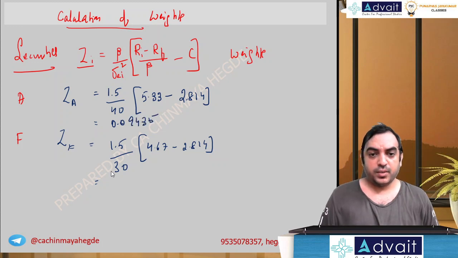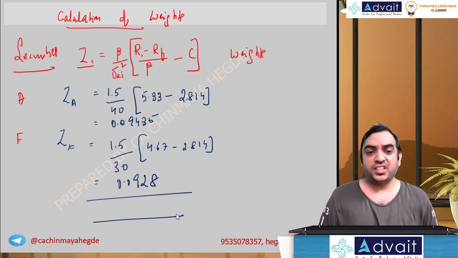And similarly here, 4.67 minus 2.814, into 1.5 by 30, 0.0928, right? Yeah, 0.0928. To calculate the weight, first total these Z values, cumulative Z values. So 0.0928 plus 0.09435, that is 0.18715.